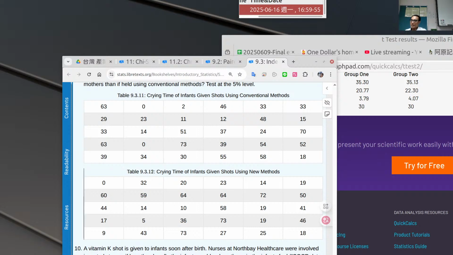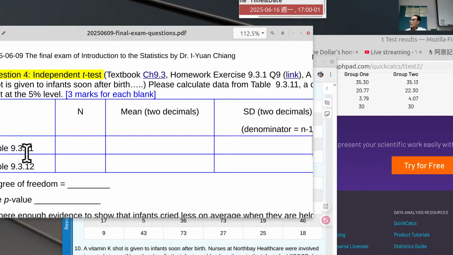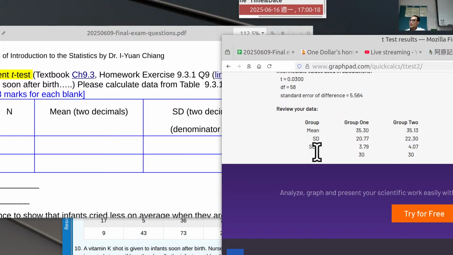Let's check the exam paper. Table 9.3.11, n is 30. The mean is 35.30, and the standard deviation for group 1 is 20.77.